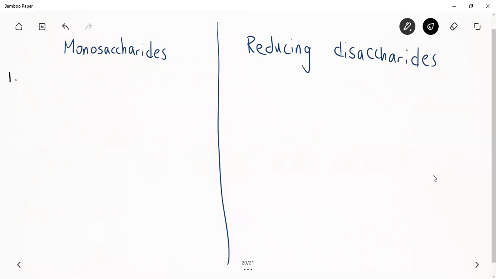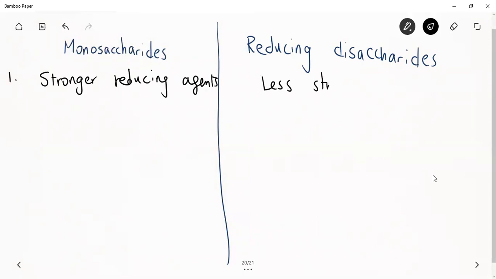First difference, monosaccharides are stronger reducing agents. Between the two, these are stronger and these are less strong reducing agents.